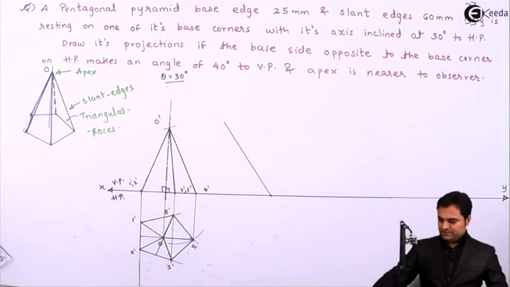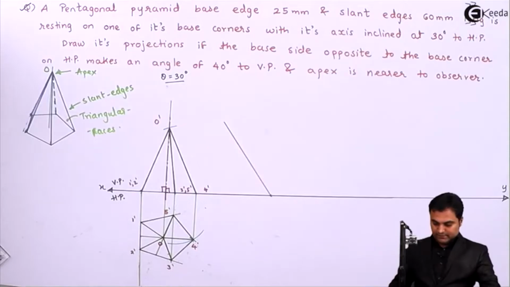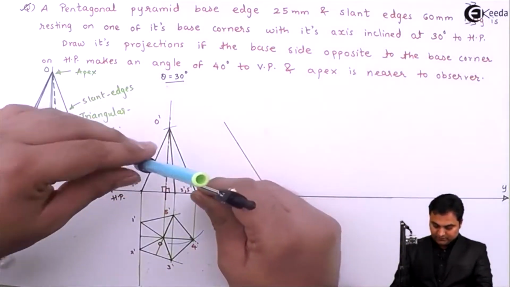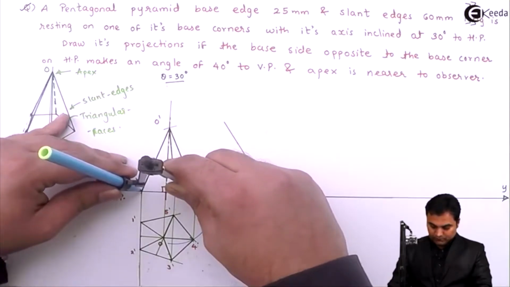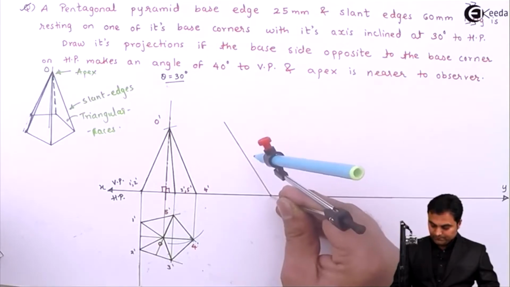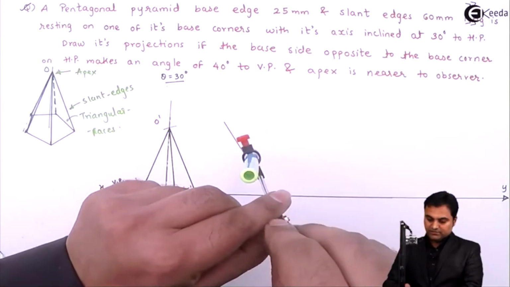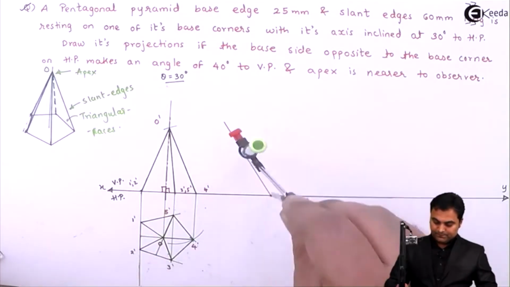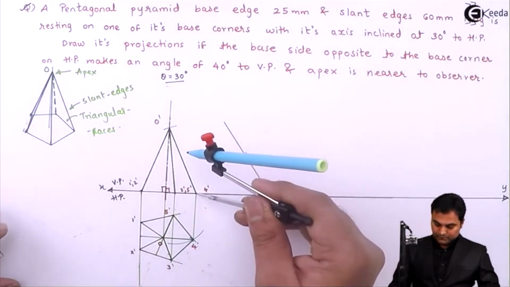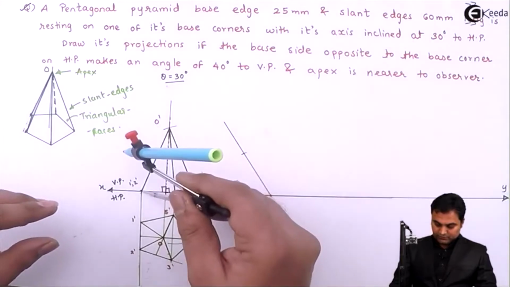This is the base, inclined at 60 degree. So I'll measure the distance of the base from 4 dash to 1 dash, and mark it over here since the axis is inclined at 30 degree. Next, I'll take this distance.